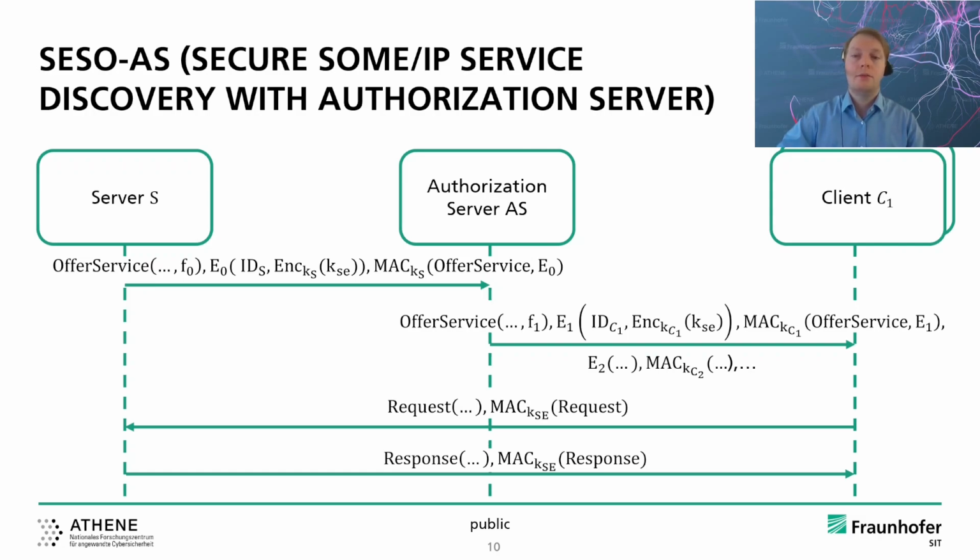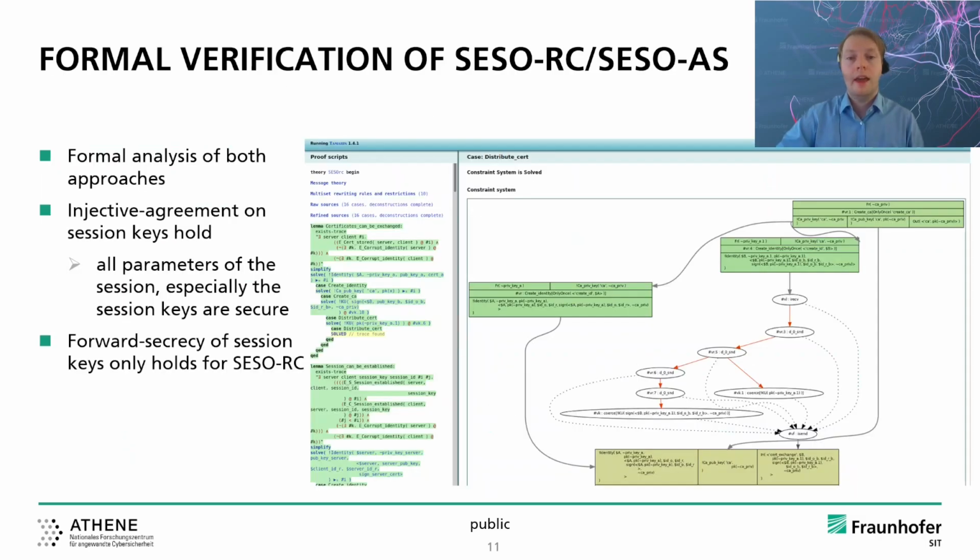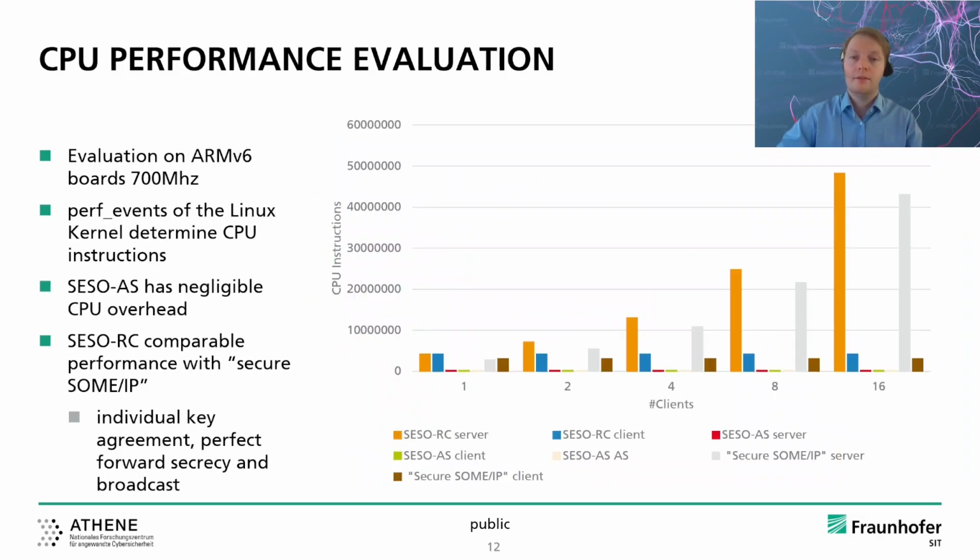Both request and response are authenticated using message authentication codes. Again, we formally verified the key exchange of both SESO-RC and SESO-AS. Both are secure against our presented attacks. Moreover, SESO-RC has the property of forward secrecy.